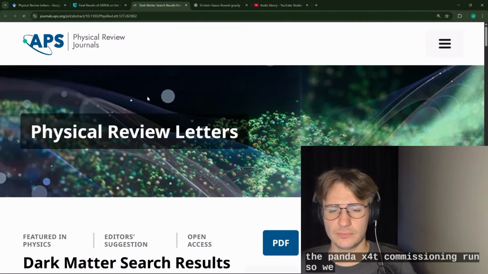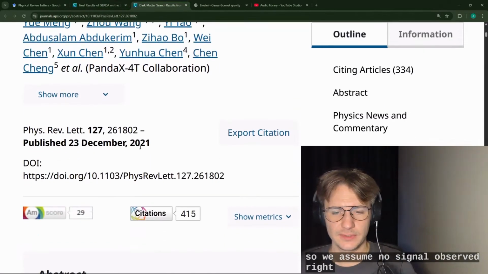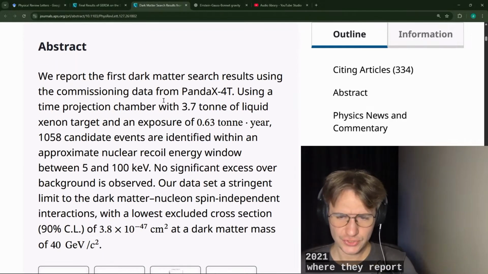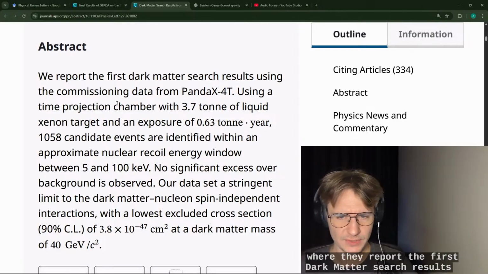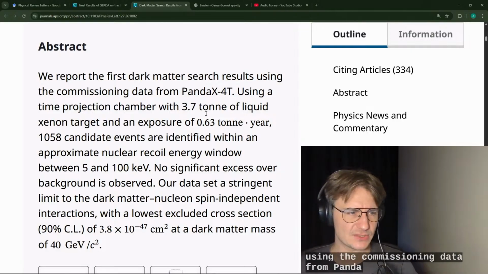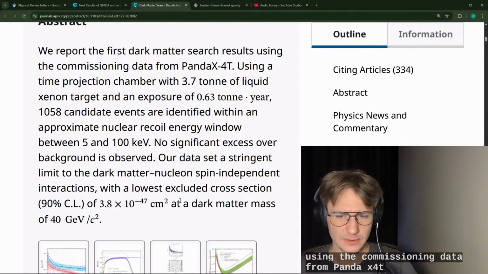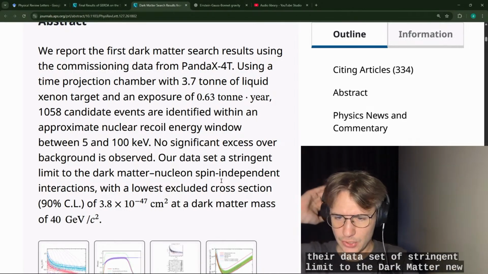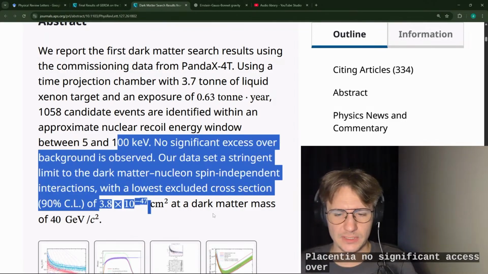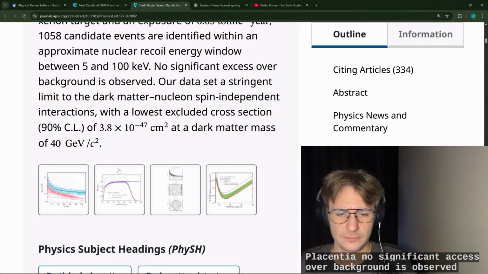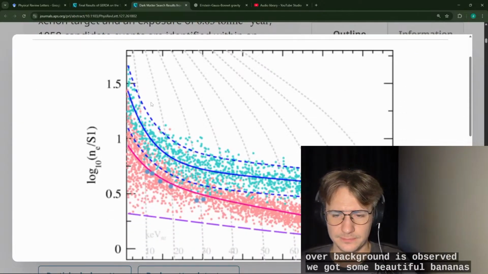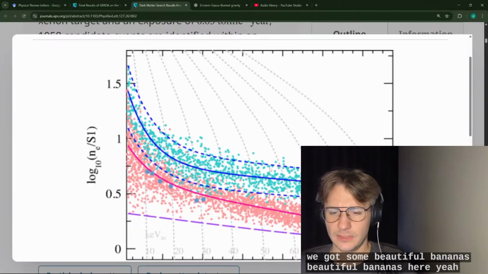So we assume no signal observed, right? This was published in 2021, where they report the first dark matter search results using the commissioning data from PandaX-4T. Their data set a stringent limit to the dark matter nucleus. Yeah, no significant excess over background is observed. We got some beautiful bananas. Beautiful bananas here, yeah. That is bananas.